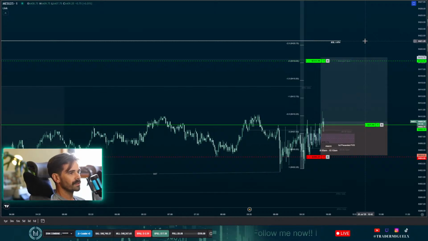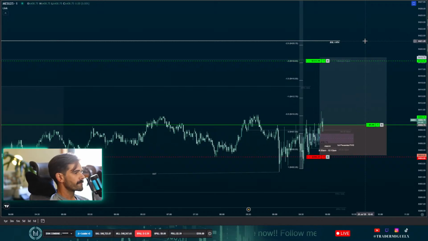NQ is just pushing, and ES is kind of weak. Not seeing any follow through here.